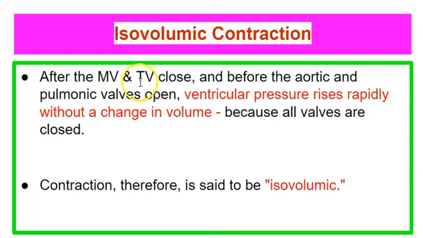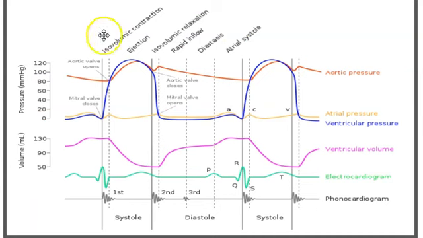After the mitral valve and tricuspid valve close, and before the aortic and pulmonic valves open, ventricular pressure rises rapidly without a change in volume during the isovolumic contraction period, because all the valves are closed. And once again, we said isovolumic contraction is right here. That's when the pressure in the ventricle is going to rise very rapidly.